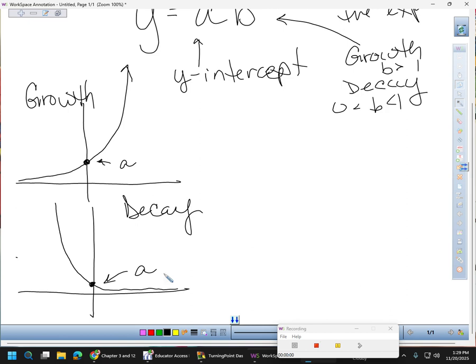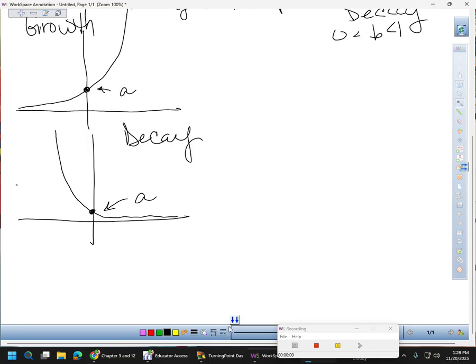Now, this follows the same translation stuff we've been doing forever, which was a question on the test yesterday.